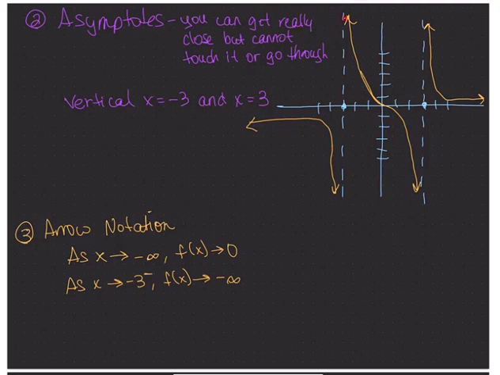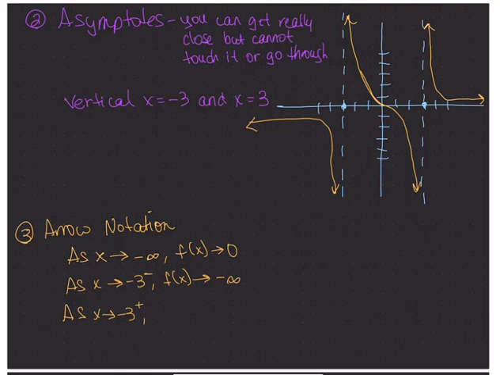Looking at that same asymptote, our graph is going to come from the right side, so from the positive side, and we've got to figure out what's happening there. So that one would be as x is approaching -3, but now since you're approaching -3 from the right side of the asymptote, we call that the positive side, we're going to put a little positive sign up there.